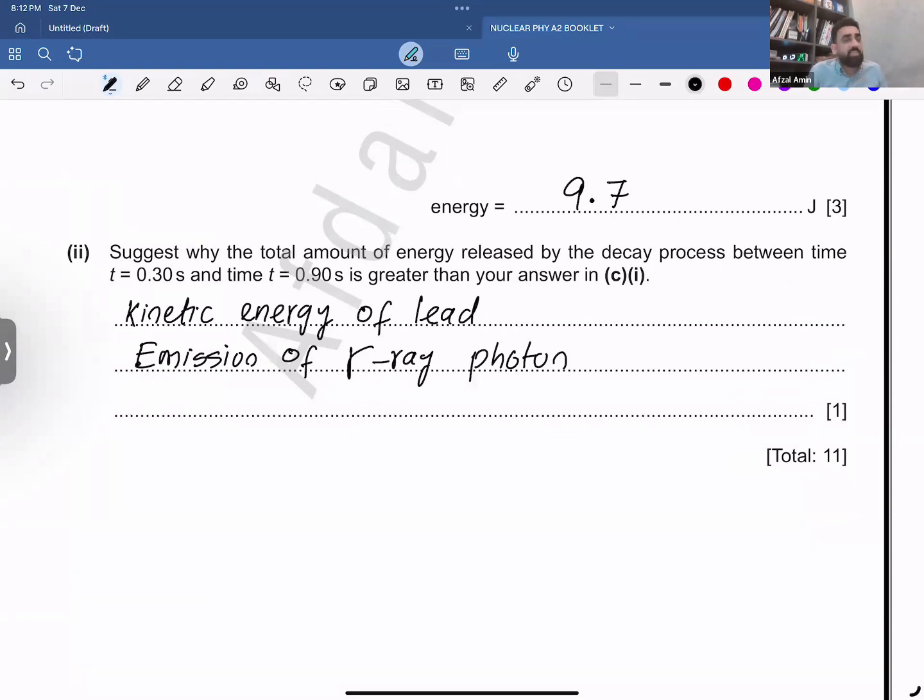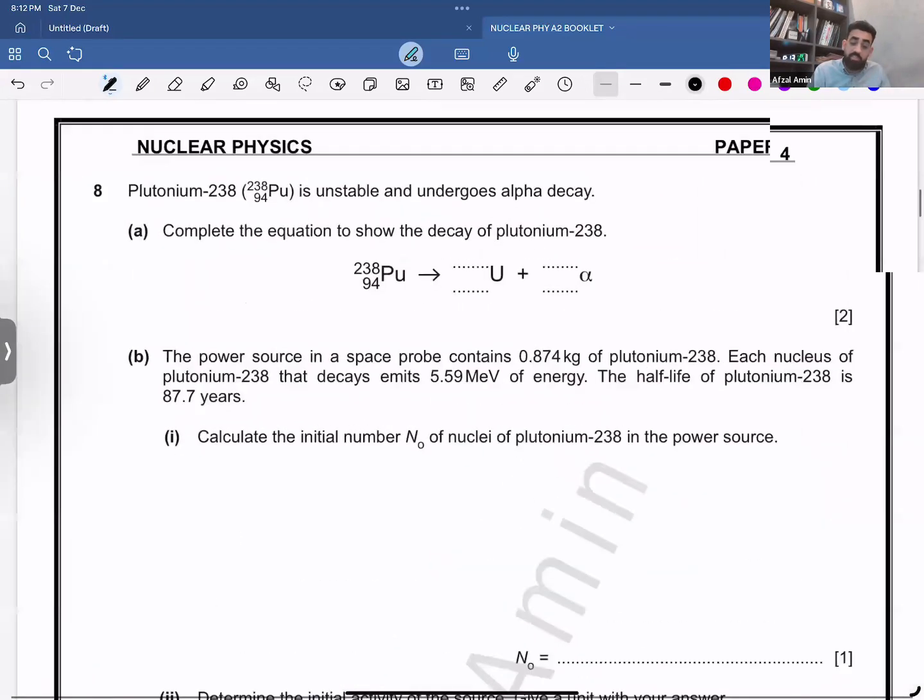If there is a beta negative emission, antineutrino emission is also accepted. If beta positive, we say neutrino emission. You can write one of them, my dear students. Make sense?